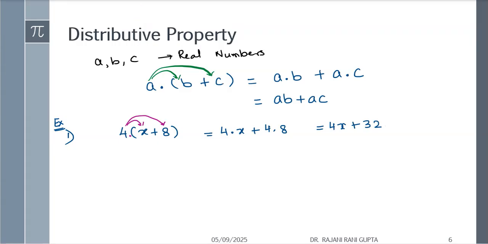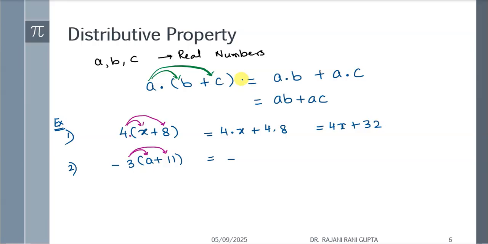Okay. Similarly, you may have a negative number here. Say you have minus 3, a plus 11. No need to worry. Follow the same thing. Distribute this, but keeping in mind the sign.